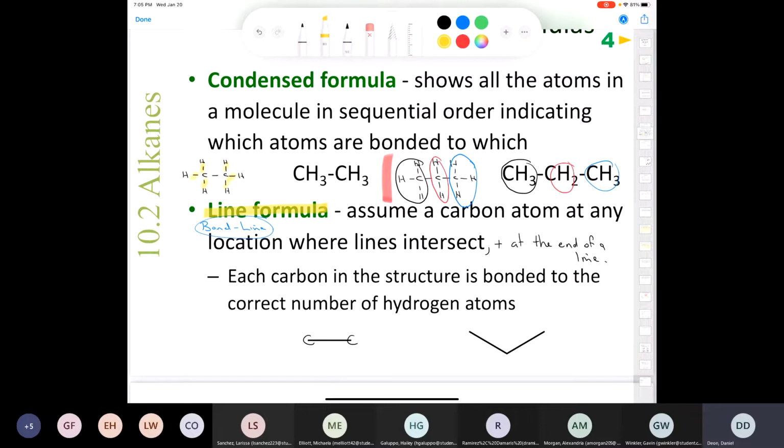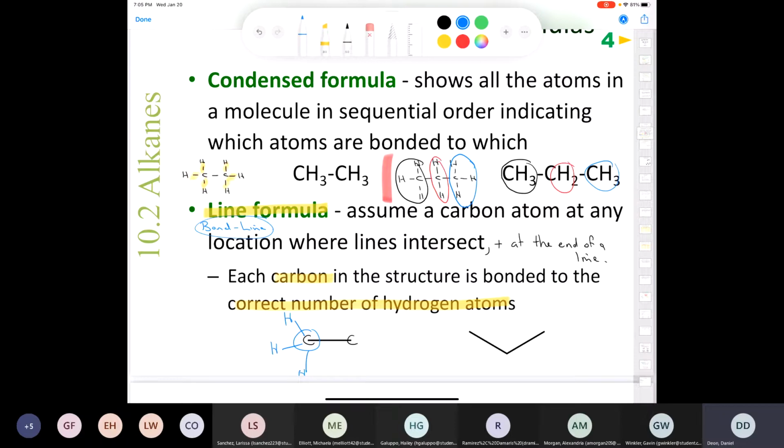There's also another big assumption we make. We assume that each carbon is bound to the correct number of hydrogens. The carbon here on the end, and this one too, but let's just focus on the one on the left, it's only got one bond attached to it, this bond right here. So that means how many bonds must it have to hydrogen? It's got to have 3 bonds to hydrogen, right? 1, 2, 3 bonds to hydrogen.